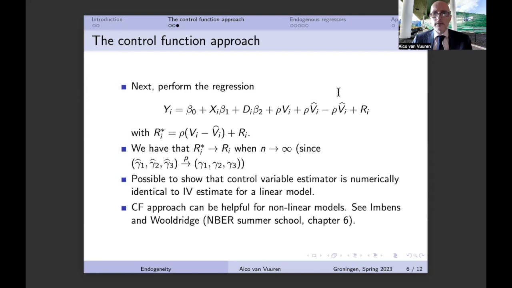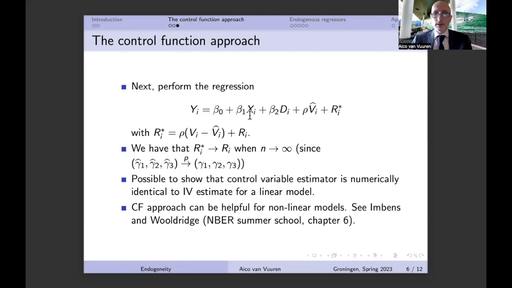The first thing we can do is bring this to the forefront and place it over here, and if we then take the Vi and Vi hat together, we get these two terms over here. If we then write this as Ri star is rho times Vi minus Vi hat plus Ri, then we get this regression equation that we have over here.